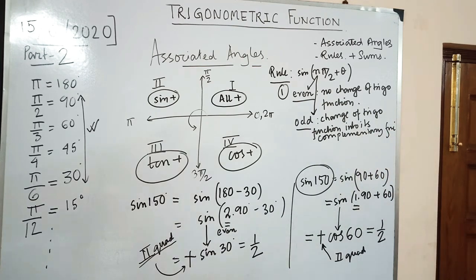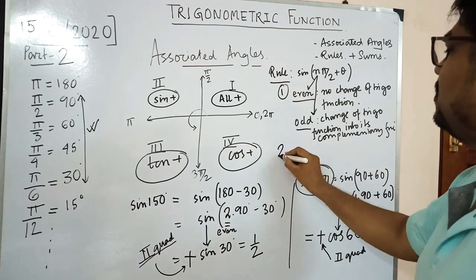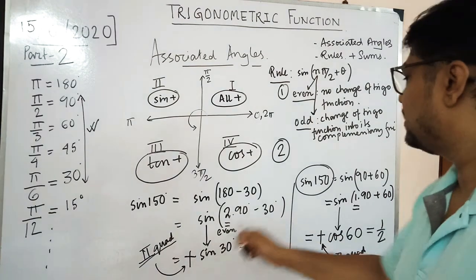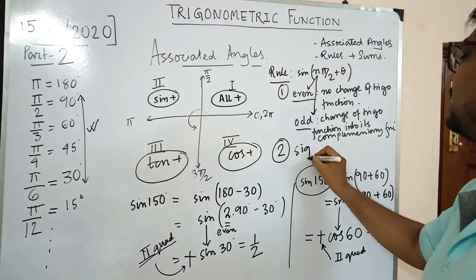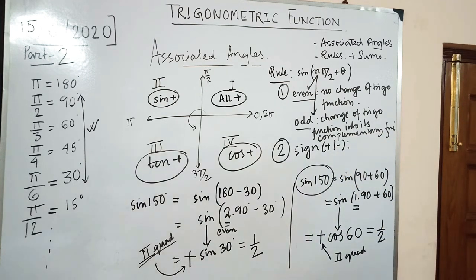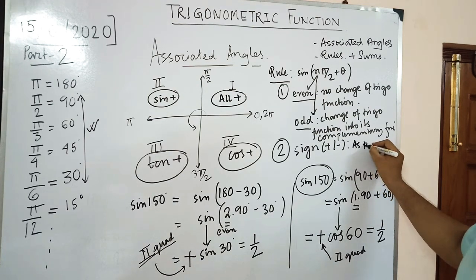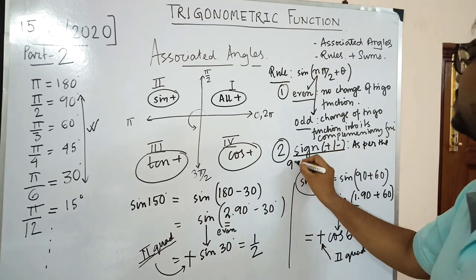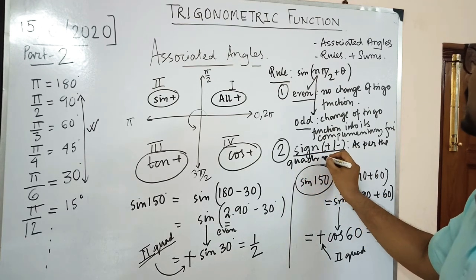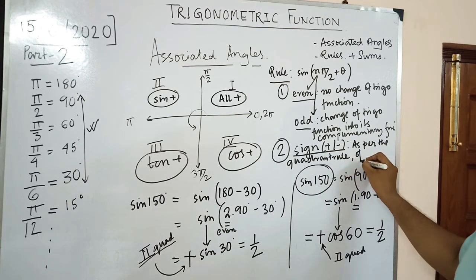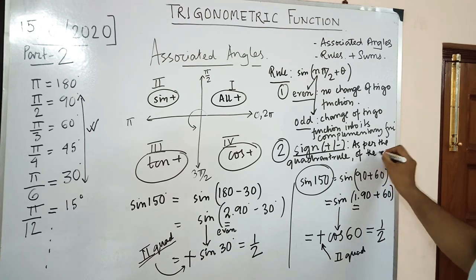And rule 2 is where we consider the sign. The sign, that means positive or negative, will be considered as per the quadrant rule related to the original function.